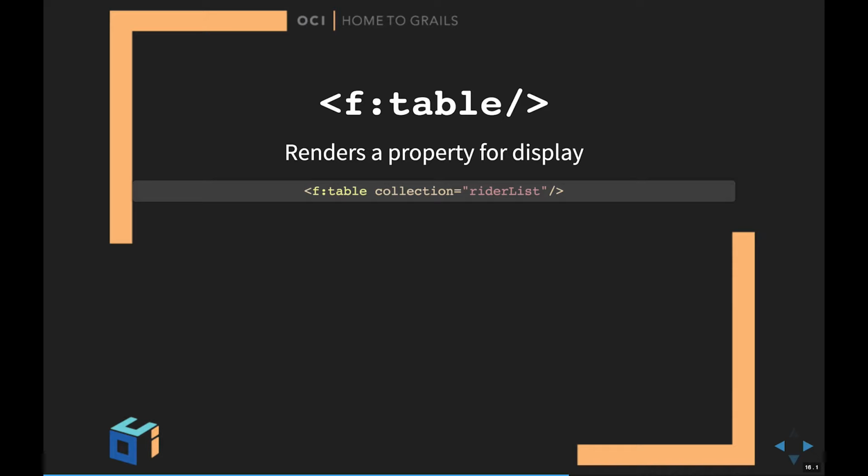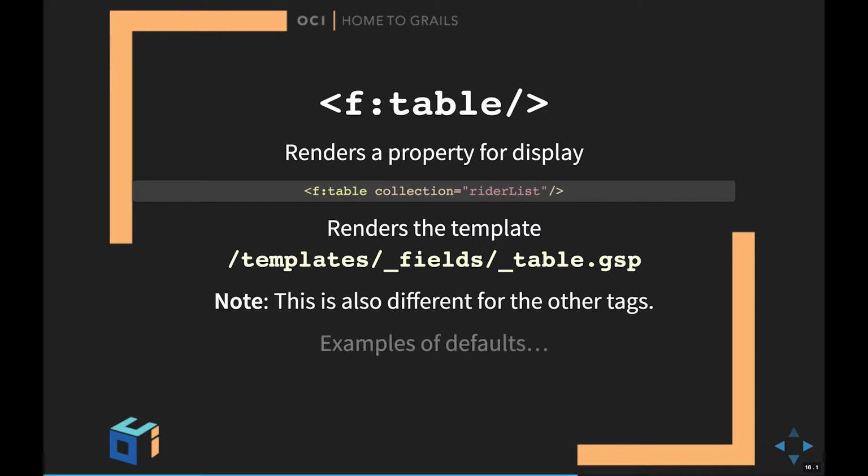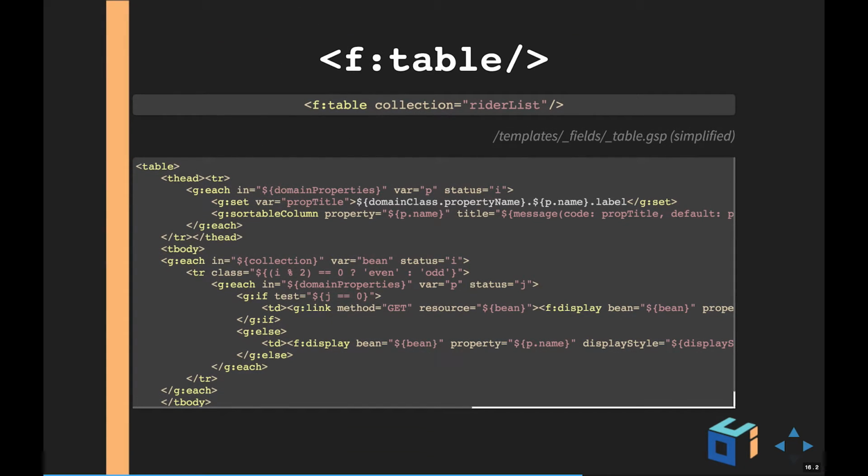Table is the last one. That's also a new tag for the fields library from Grails 3 because it's needed to render the table. And it renders the fields table GSP, and this is also different from the other tags. So there's an example here where that's what it renders.